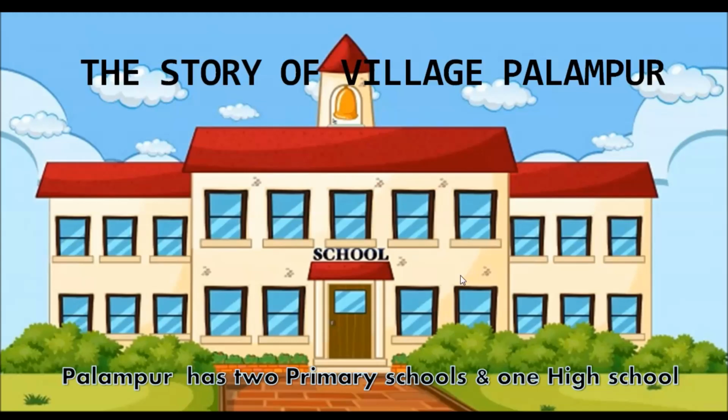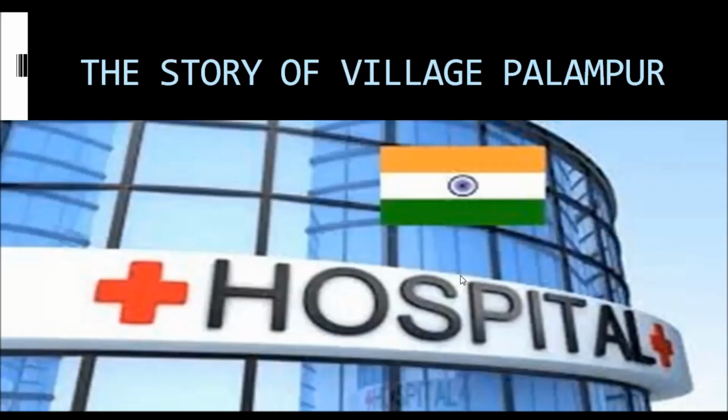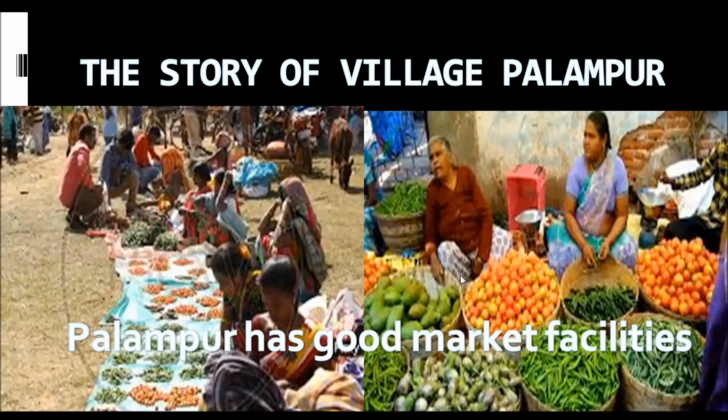There is a primary health center run by the government and one private dispensary where the sick are treated. The description above shows that Palampur has a fairly well developed system of roads, transport, electricity, irrigation, schools, and health center.